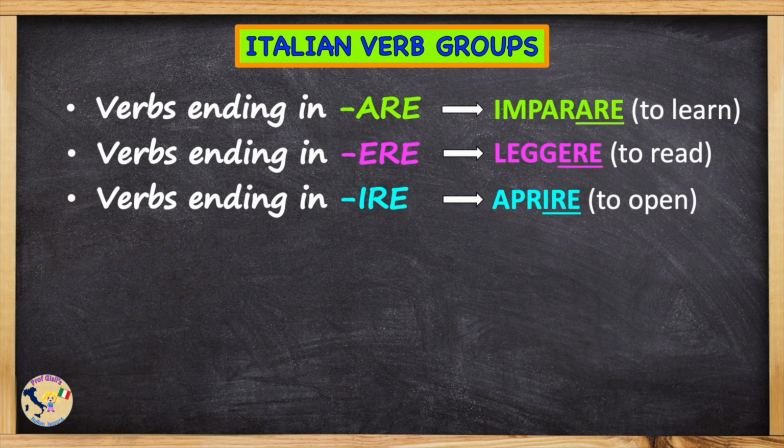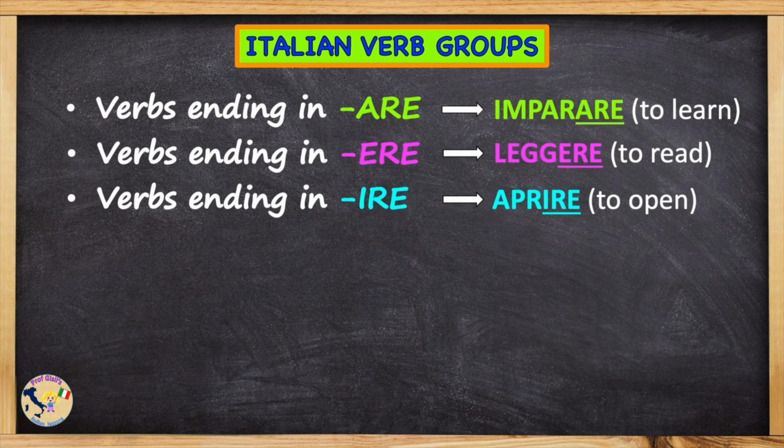Infinitive verb forms like the ones we've just introduced cannot be used as main verbs in a sentence because they're basic unconjugated forms. For example, in the sentence "Io imparare l'italiano," the use of the infinitive imparare doesn't make much sense, and the same thing can be said about the English sentence "I to learn Italian."